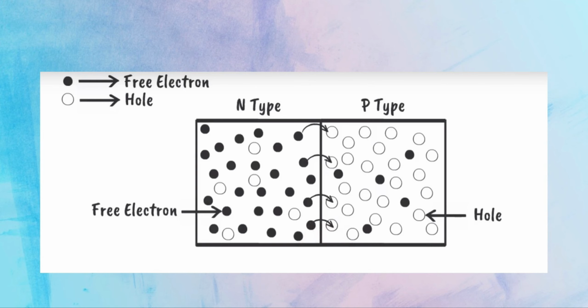So how long does this transfer of charge take place? The transfer of electrons and holes takes place until an electrical state is formed at this junction that resists further flow of electrons or holes through the junction. Junction is nothing but the point of contact where p and n-type semiconductor meet.